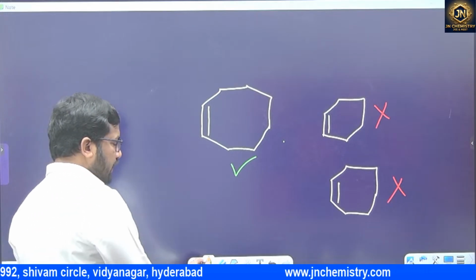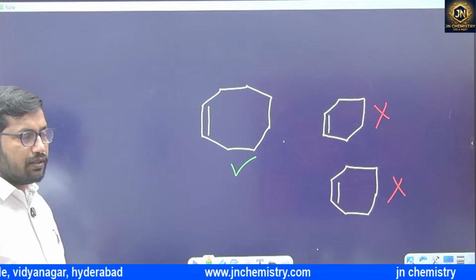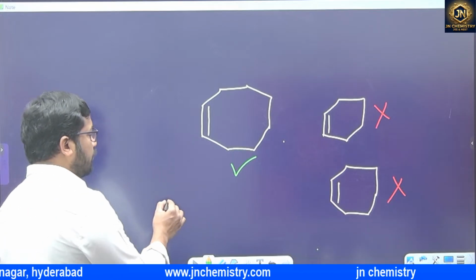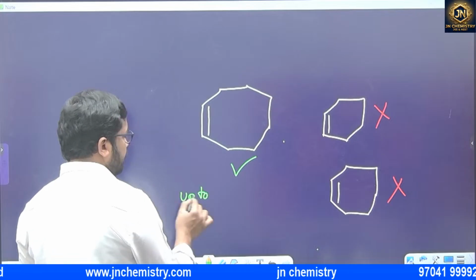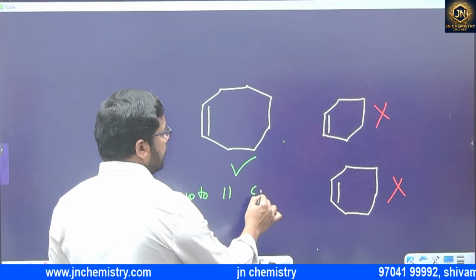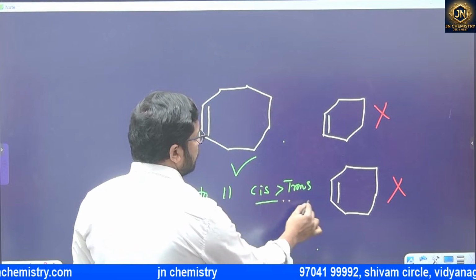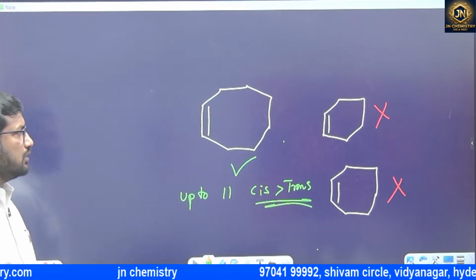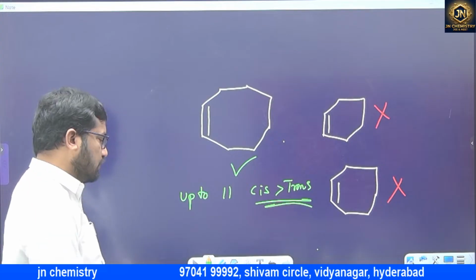Up to 8 to 11, generally trans is more stable, right? But up to 11, cis is greater than trans. After 11, trans is more stable.